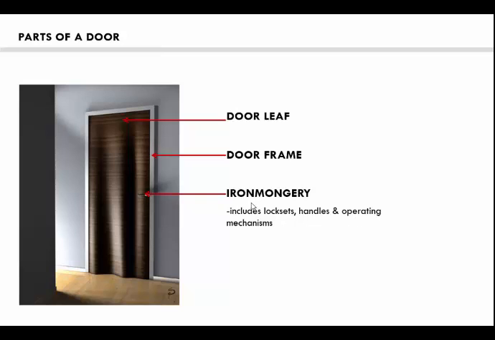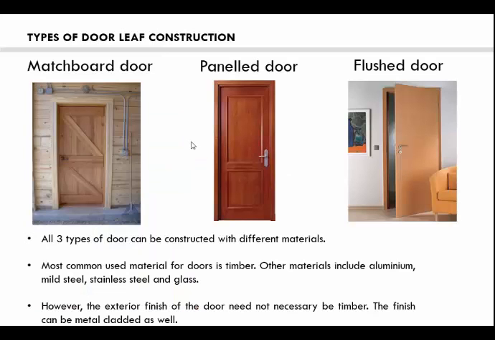So when I say ironmongery of a door, immediately you think of all those metal pieces that help to support the door. Now 3 types you need to know. MBP, M for match board, P for panel, F for door are flushed. MPF. All 3 types of door can be in different materials.